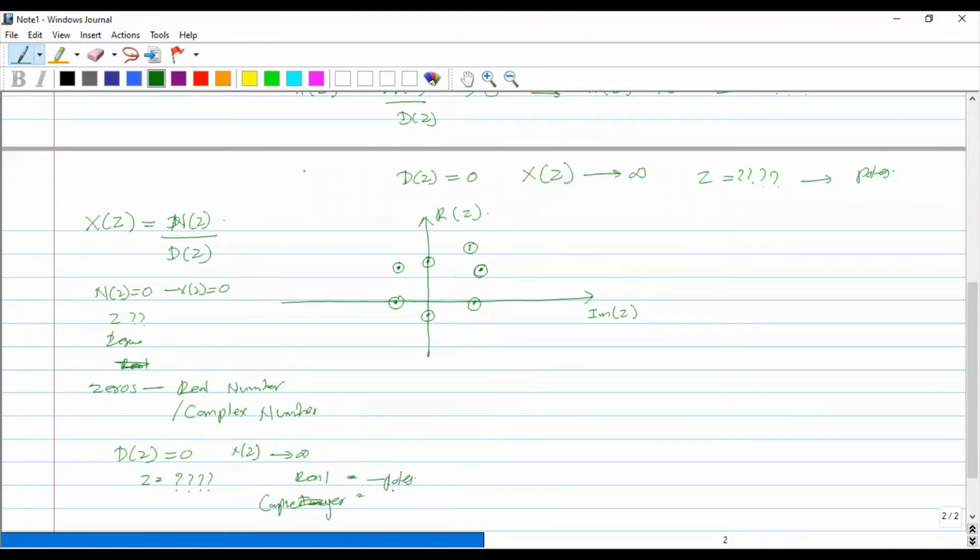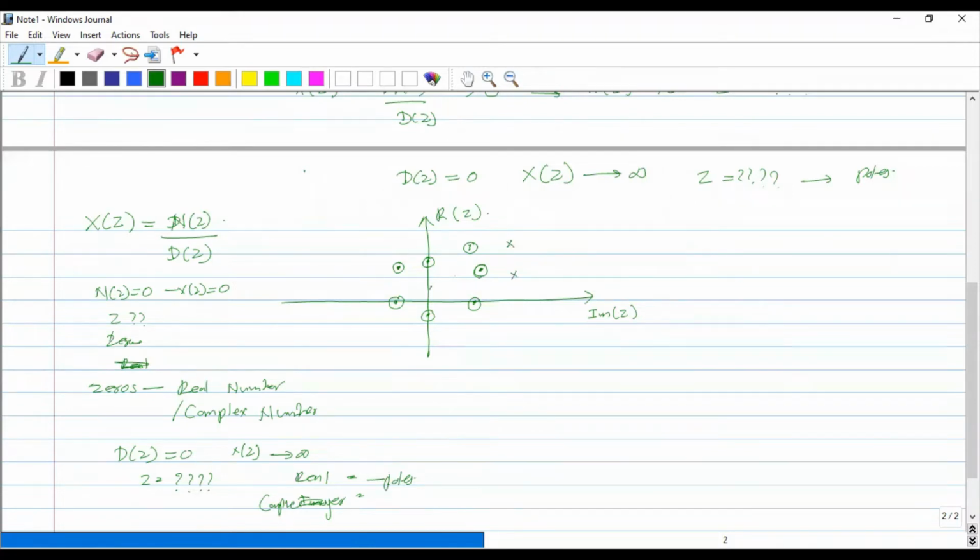So it is possible to have the poles at any point of this z plane. Normally we denote the pole using a cross like this.